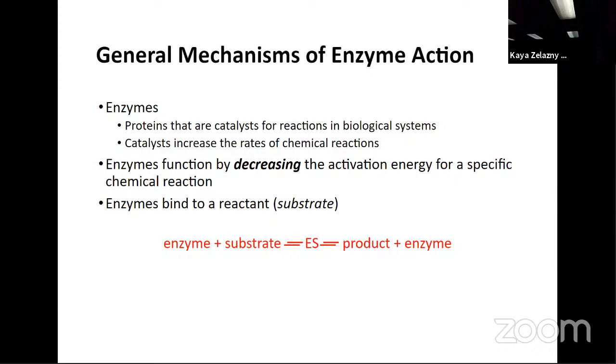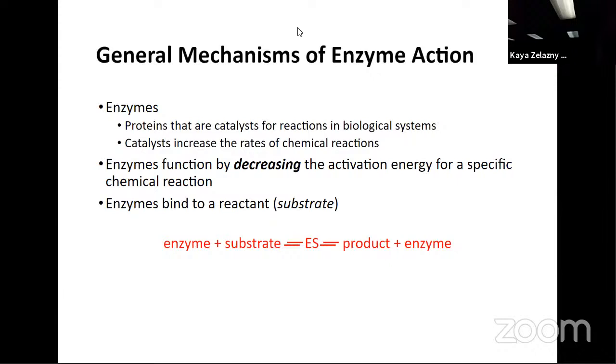First off, we want to be able to control the pace of chemical reactions, but also we want them to happen faster than if you just sat a bowl of molecules on the table and told them to do their thing. So enzymes are going to let us do that. The way they do it is by decreasing activation energy for chemical reactions.